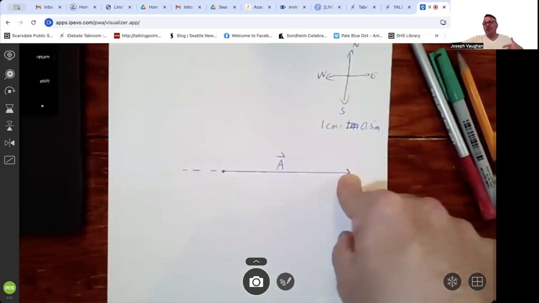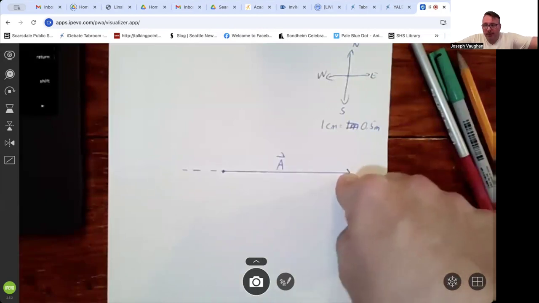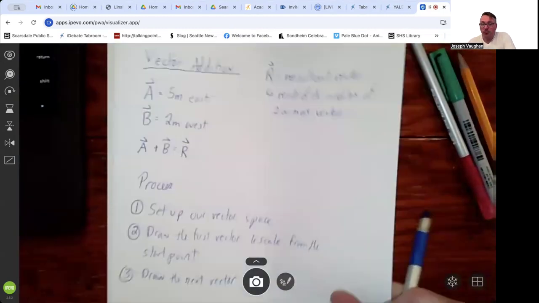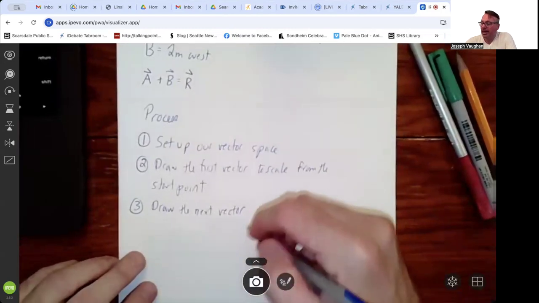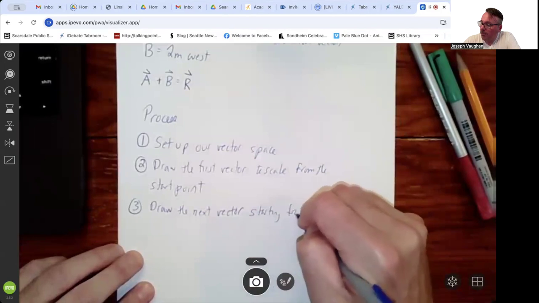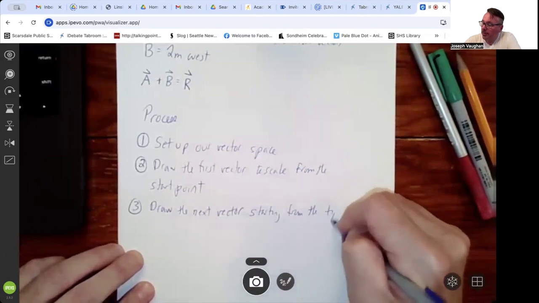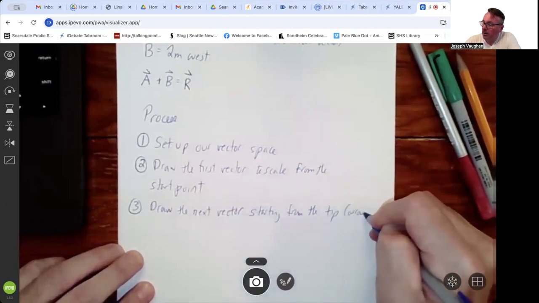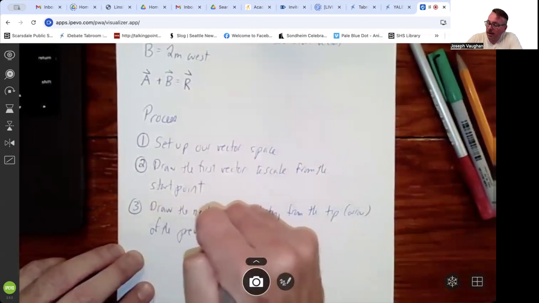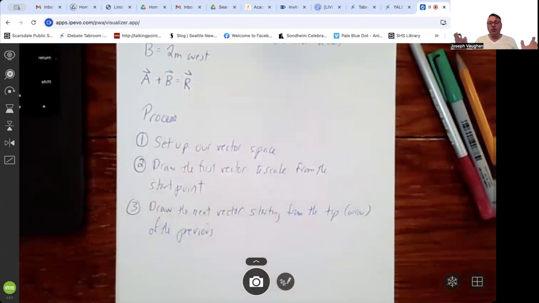You don't want to go back to the start point and then walk from the start point. You want to go from where you are to follow the next direction. So here we go, back to my process. Draw the next vector starting from the tip or arrow of the previous vector. And I cannot tell you how important this step is. This is the thing that people mess up.